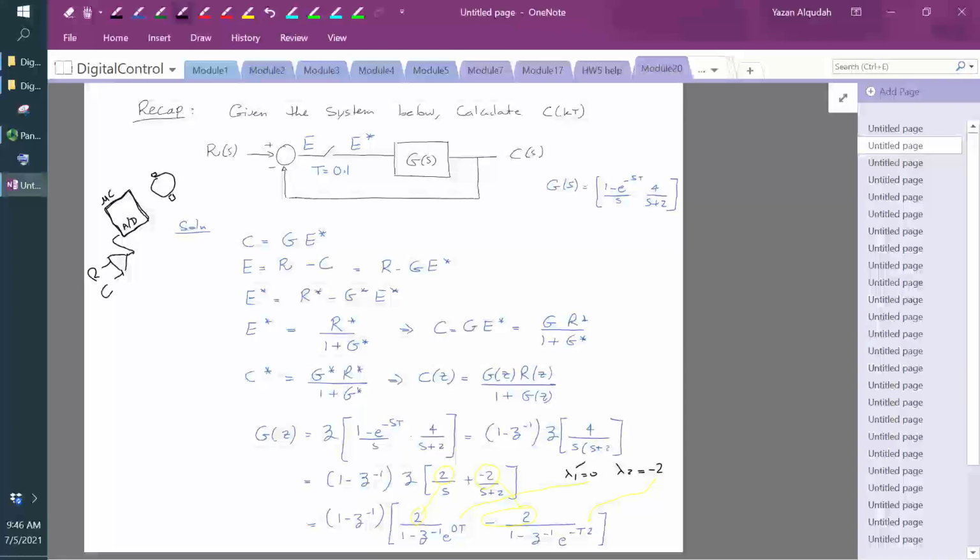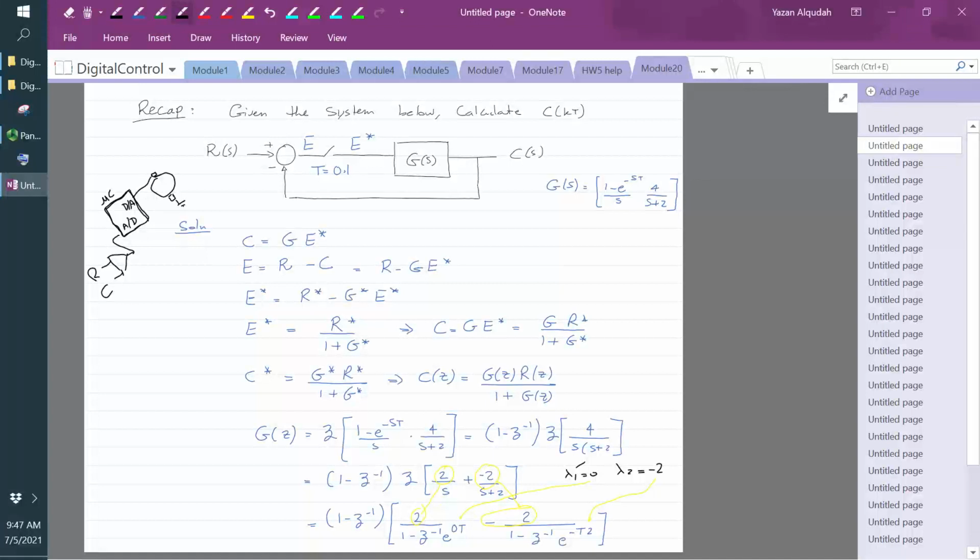How do I apply it to this motor? I'm going to have to take it through a digital to analog converter and then apply it to this motor. And therefore, since I'm going to be using a digital to analog converter in order to apply it to a continuous time system, this G of S must include the digital to analog converter, which is the zero order hold. Okay.